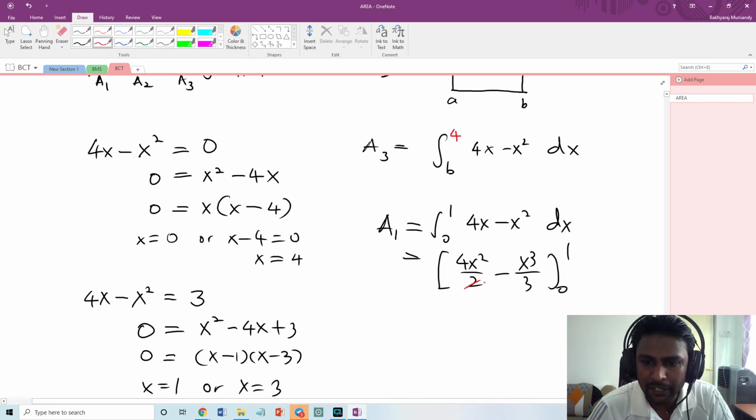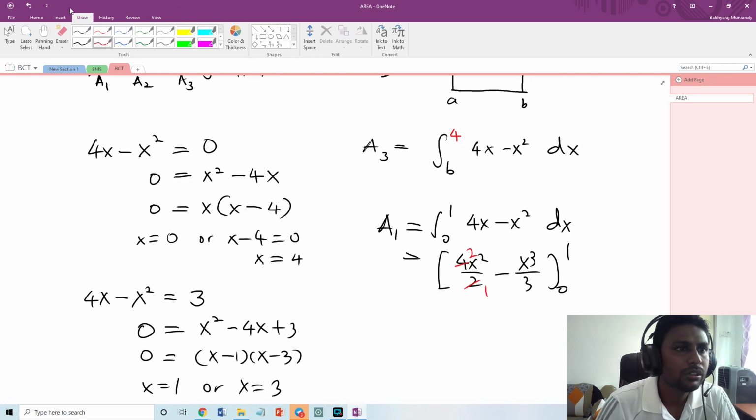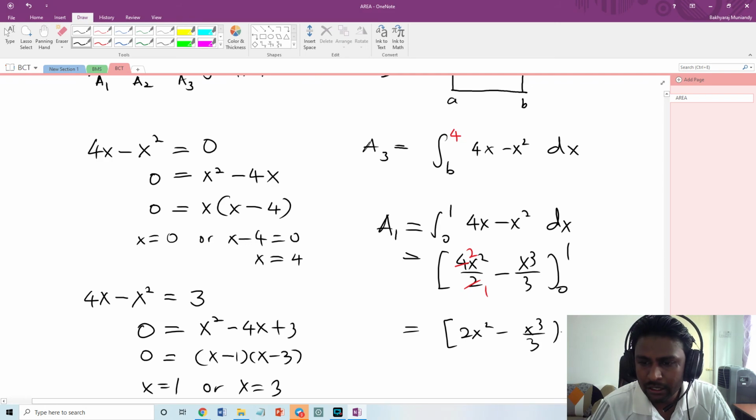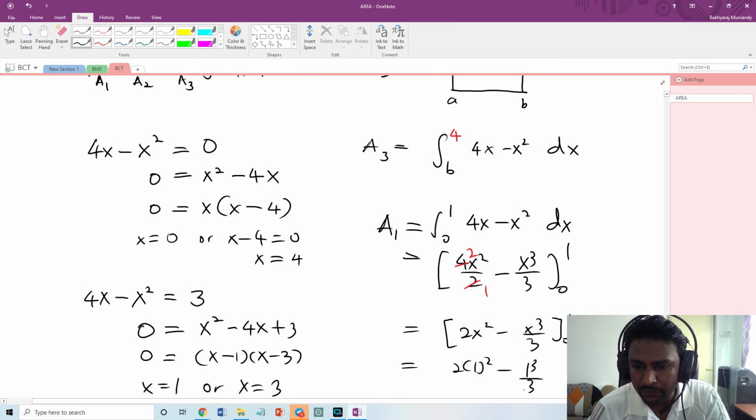This one can simplify. Okay, so you get 2x square minus x power of 3 over 3, from 0 to 1. And then substitute, you get 2 times 1 square minus 1 power of 3 over 3. And then the rest, I think when substitute 0, it becomes 0.